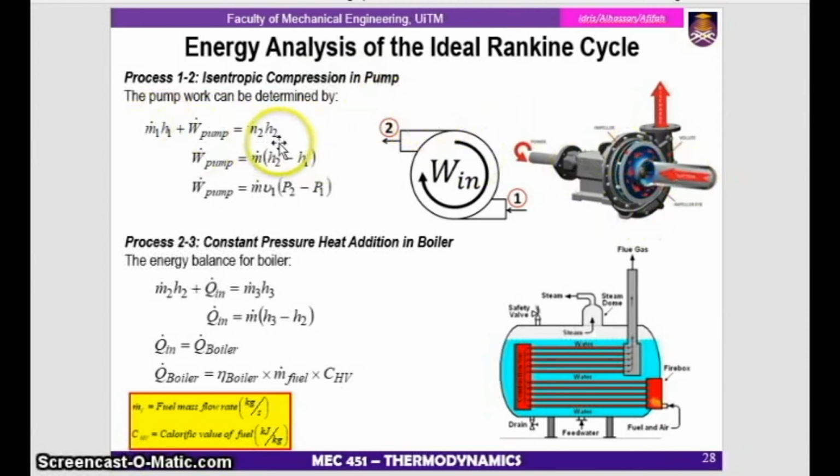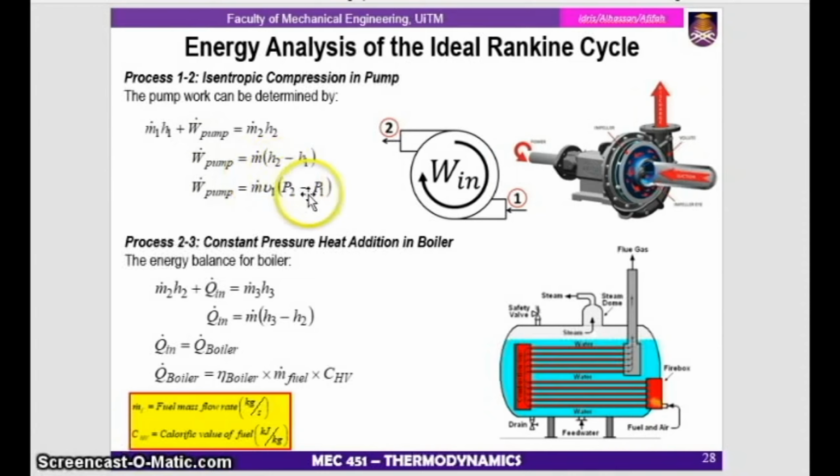So from the open system equation, SFEE, we neglect potential and kinetic energy. So roughly the equation will become like this, where when we want to find the work dot pump, it is equal to m dot delta h.